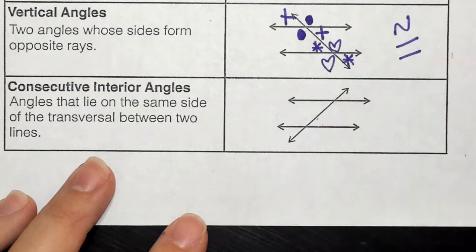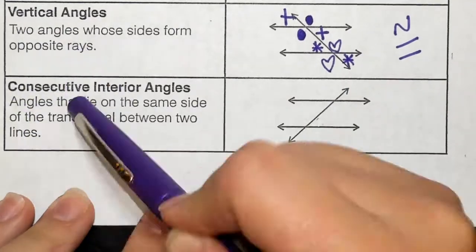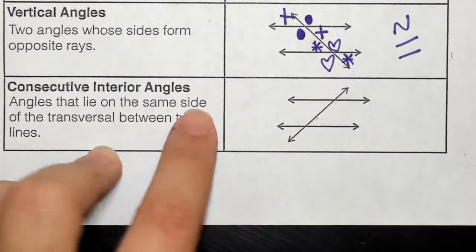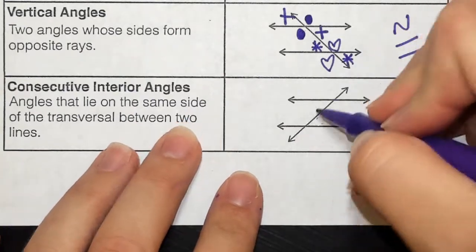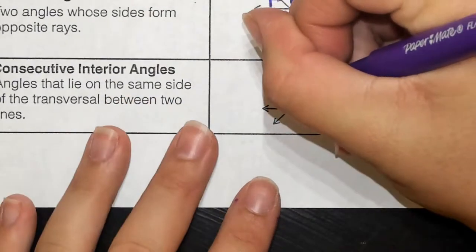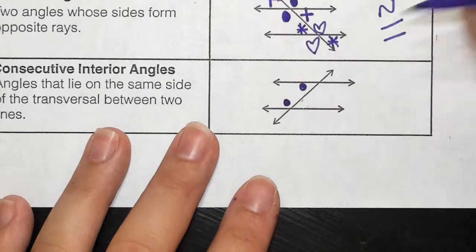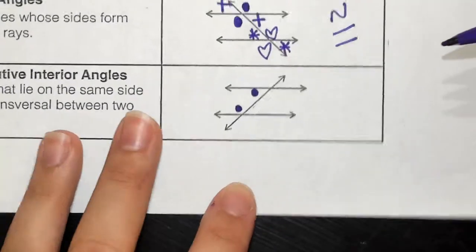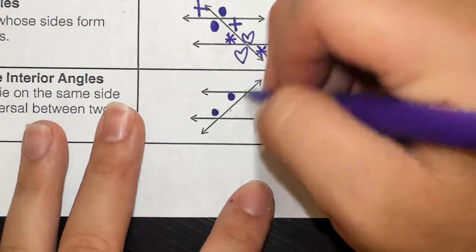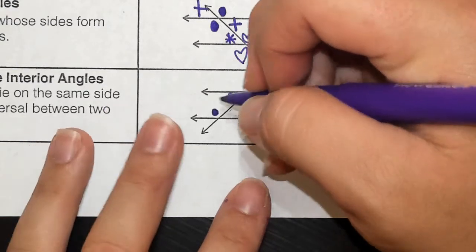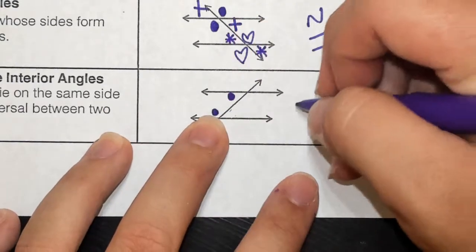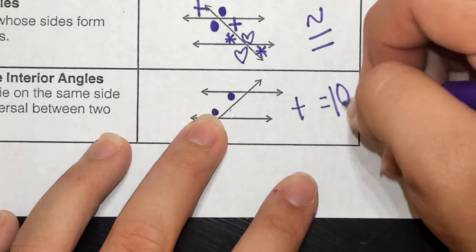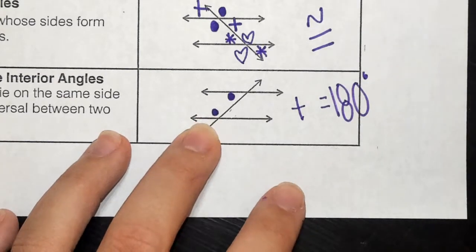So consecutive angles are back to back. They are angles that lie on the same side between two lines. So this angle is consecutive with this angle. However, they're not congruent. A lot of you will mix it up with this being congruent. Consecutive angles are not congruent. They add to equal 180 degrees.